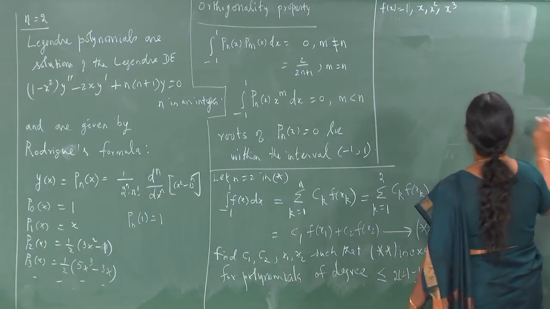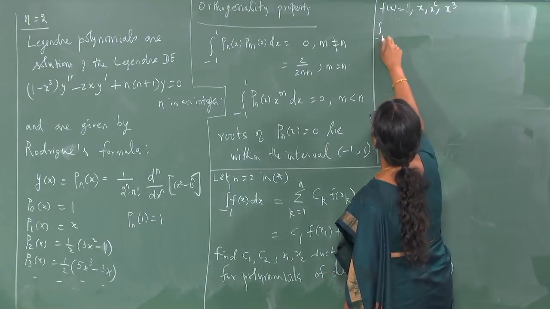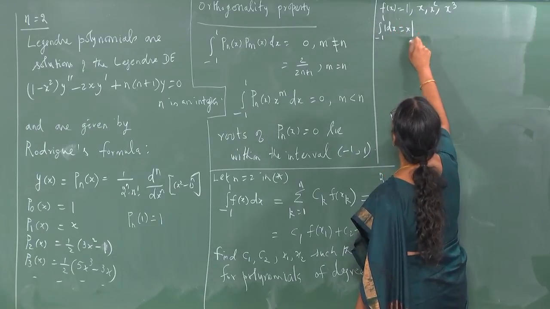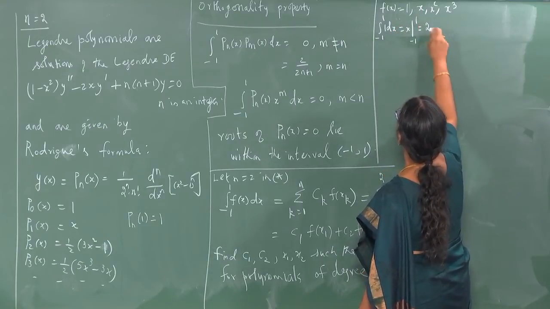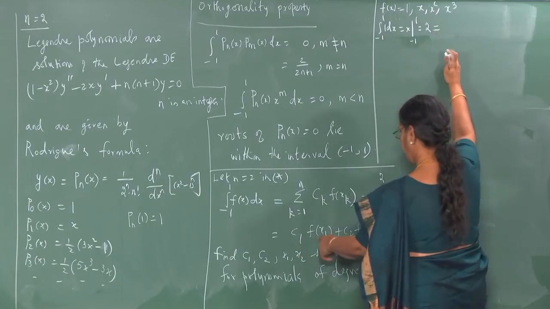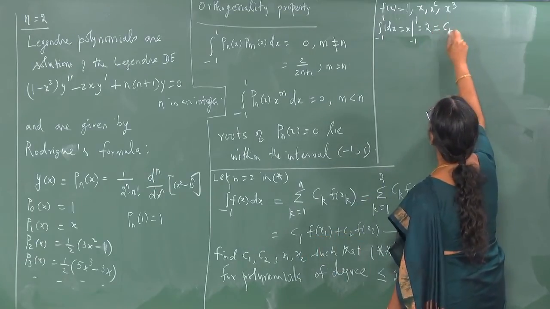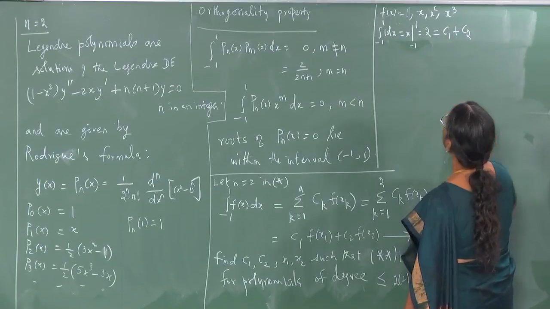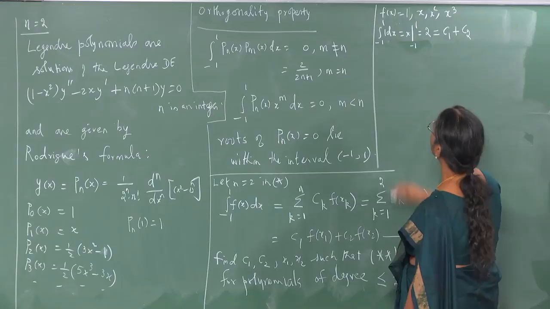So, when I take f of x to be 1, then I get x between minus 1 and 1. So, that is 2, and that will be equal to c1 into f of x1 which is 1 plus c2 which is f of x2.